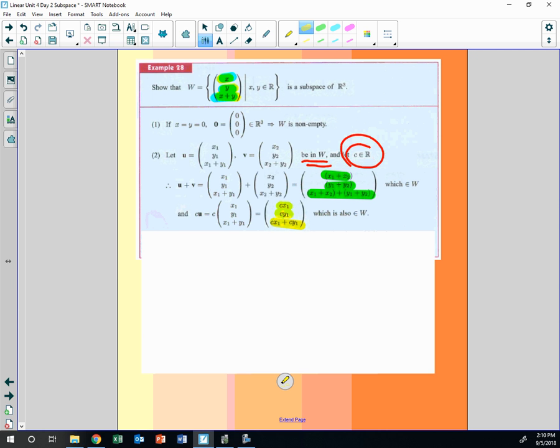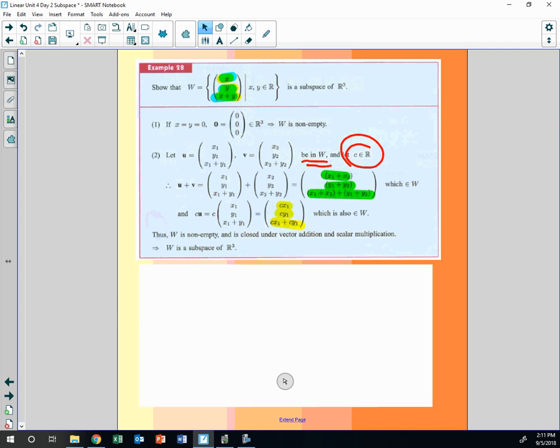Yeah. So what we're saying then is since it's non-empty and it's closed, because the forms are the same for addition and scalar multiplication, W is a subspace of R3. The W we've defined here.